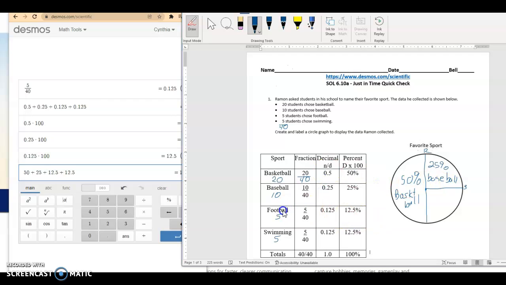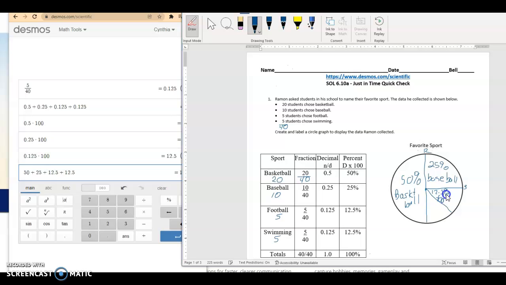My last two are football and swimming. So football and swimming are 12.5 and 12.5. And I have one space left. And since that is the same number, I'm going to split that space evenly in half, as even as I can. And I'm going to have 12.5% in football.